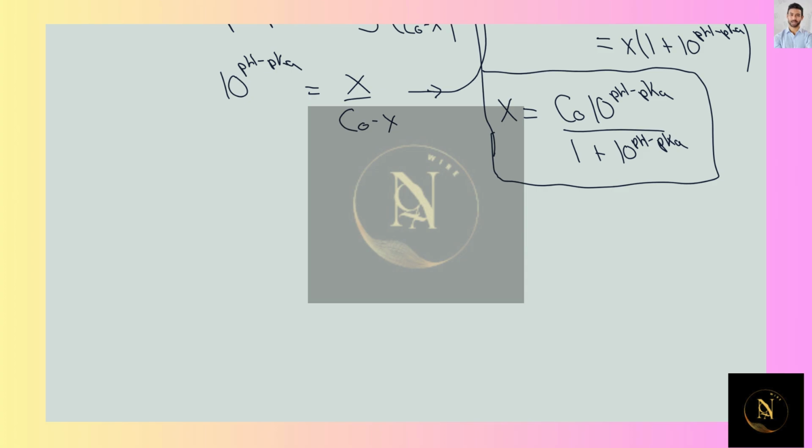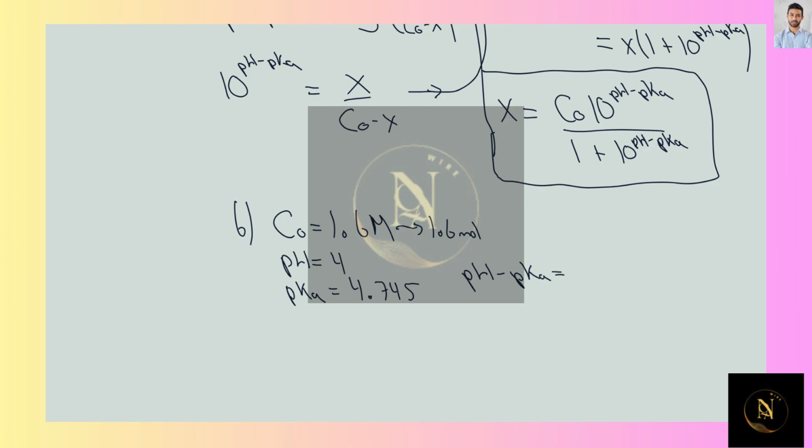So for B, my initial concentration is the same, 1.6 molar. This implies that we have 1.6 moles. We don't need to do any further calculation. And the desired pH is equal to 4. The pKa is the same as before, 4.745. Thus, pH minus pKa will be equal to minus 0.745.